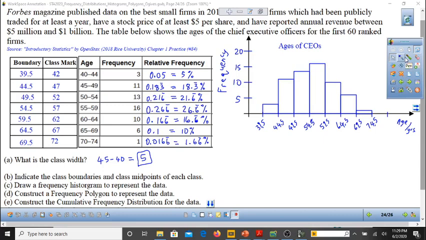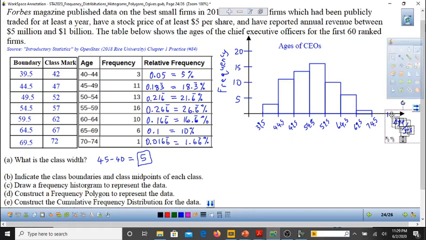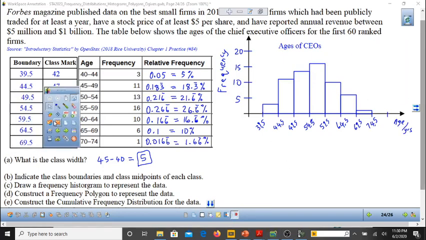And what I'm going to do here is copy this frequency histogram, and I'm going to create a frequency polygon from it. And this is going to take a little bit of technicality, but don't worry about it. So let me just take care of that right now.